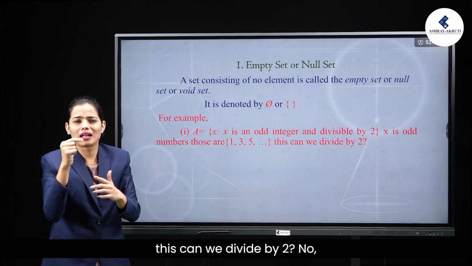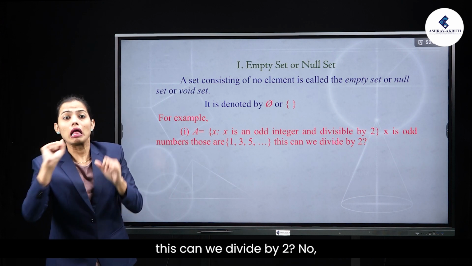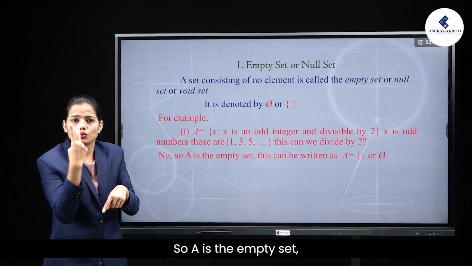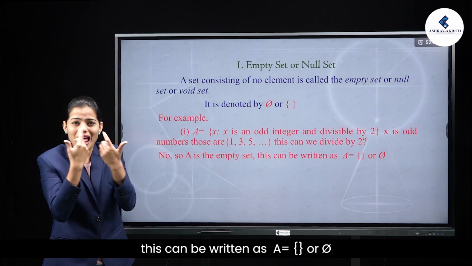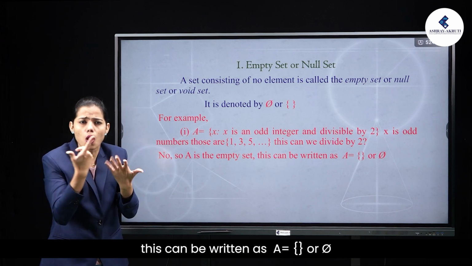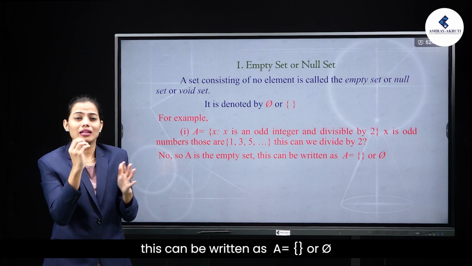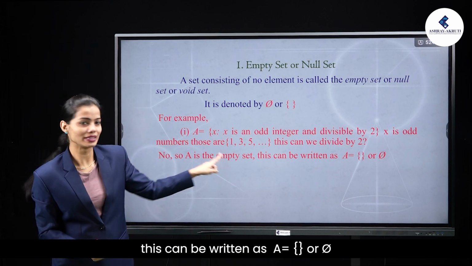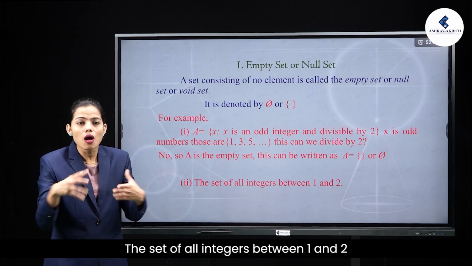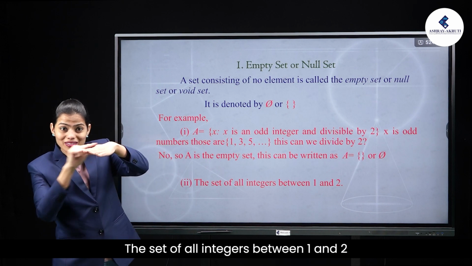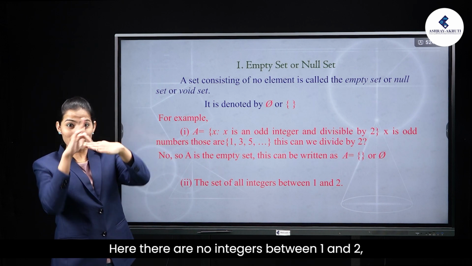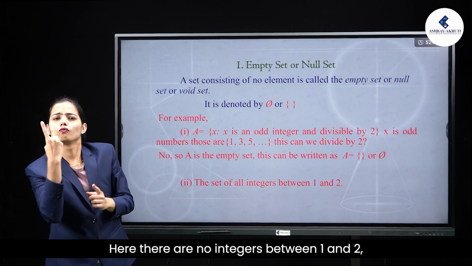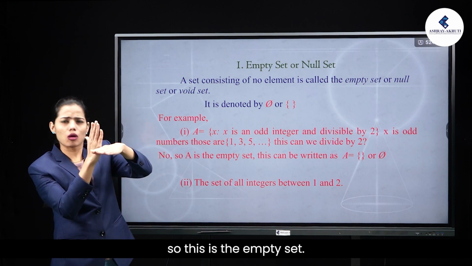Can this be divided by 2? No. So, A is the empty set. This can be written as A = empty set. The set of all integers between 1 and 2: here there are no integers between 1 and 2, so this is the empty set.